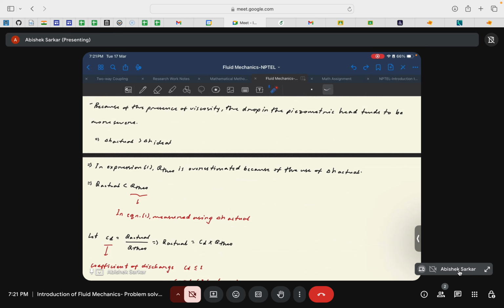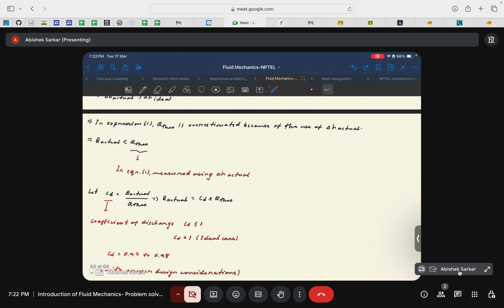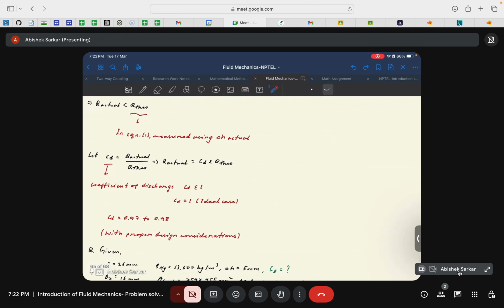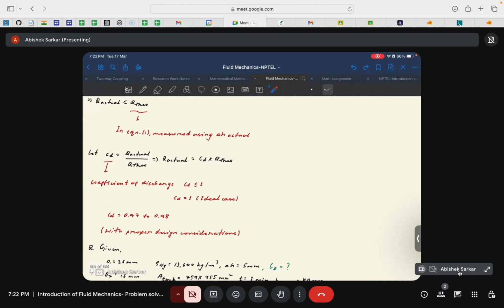So we need to tweak in a coefficient, usually known as the coefficient of discharge, to make it equal to the actual volume flow rate. The value of this coefficient of discharge is basically the ratio of Q actual by Q theoretical, and is usually lesser than 1, and usually falls between the range of 0.97 to 0.98.